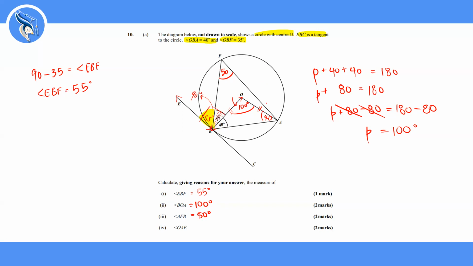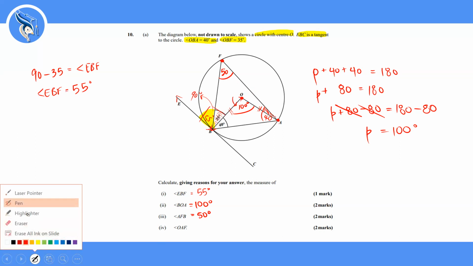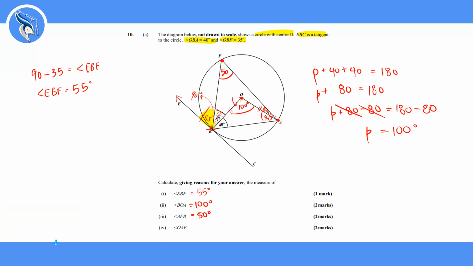Now we need to find out the value of this tiny angle right in here. So OAF. I'm giving you time to see where I'm at. OAF, right? No, this is one huge triangle right here.